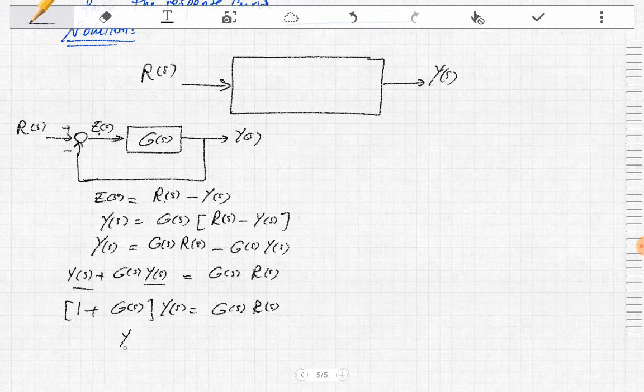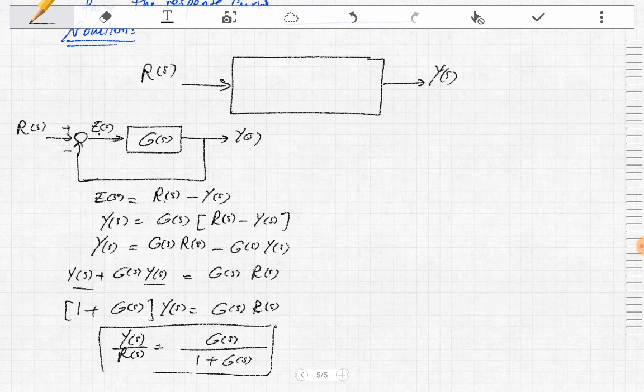Accordingly, Y of s over R of s is equal to G of s over 1 plus G of s. That's the transfer function between the output and input, the overall system. So if you like to put something here, you put G over 1 plus G, right?